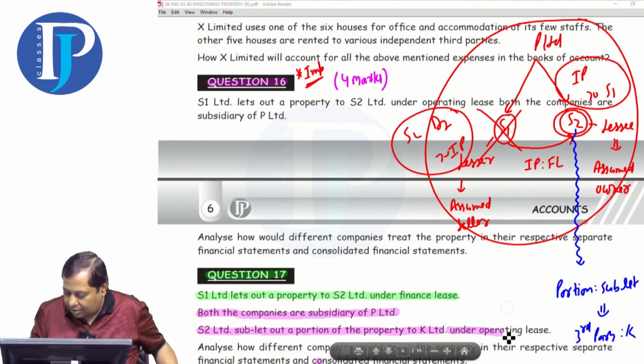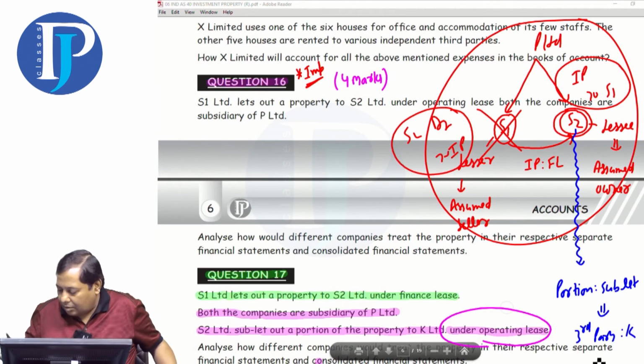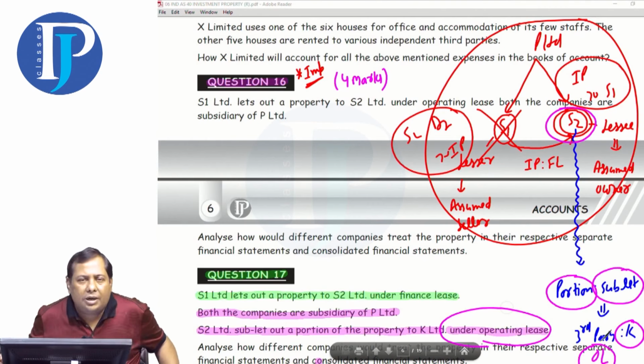He leased it under an operating lease. In an operating lease, we will not give ownership to K. K will just make use of it and pay the rent.